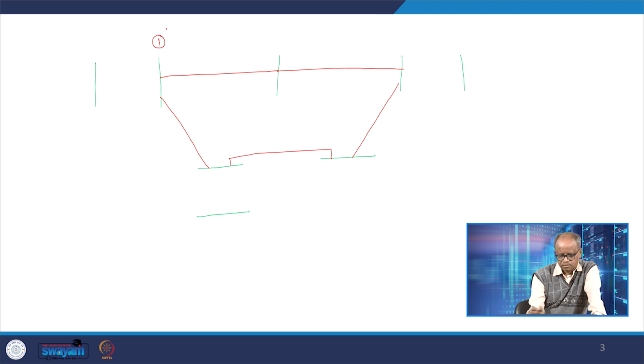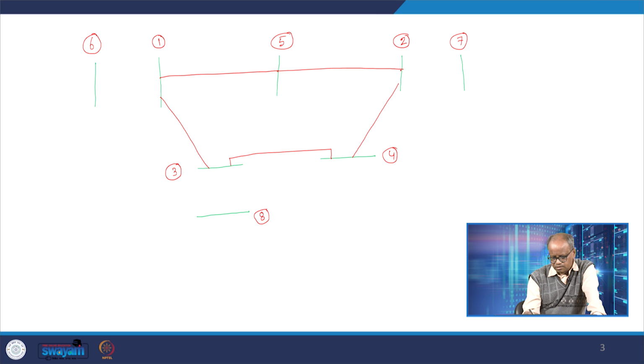Then the internal bus for the generator at bus 1 is bus 6, the internal bus for the generator at bus 2 is bus 7, and the internal bus for the generator at bus 3 is bus 8, and there would be some 3 cross 3 impedance matrix between each generator bus and its internal bus.